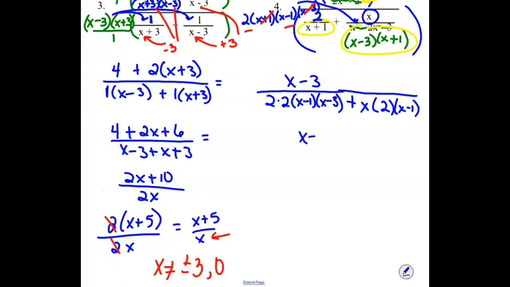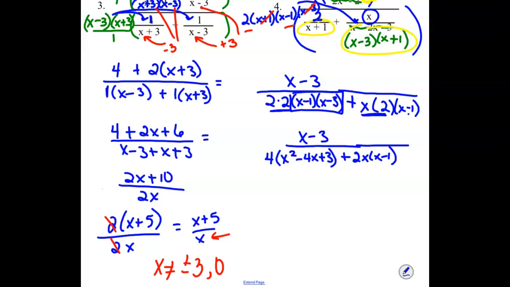So our numerator is x minus 3. Our denominator, we have a 4 getting multiplied to this. I'm going to go ahead and FOIL that out. We've got x squared minus 4x plus 3. On the second one here, we've got a 2x getting multiplied to an x minus 1. Okay, let's clean that up a little more.